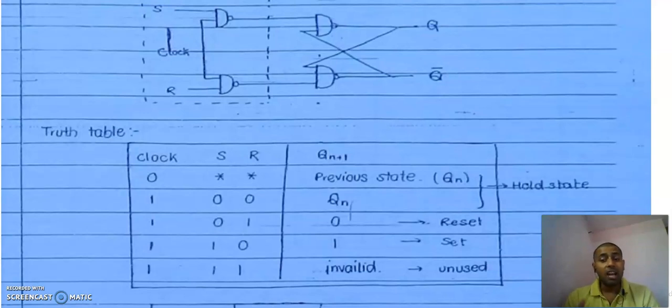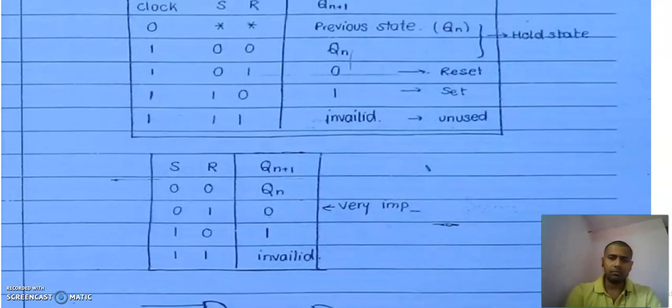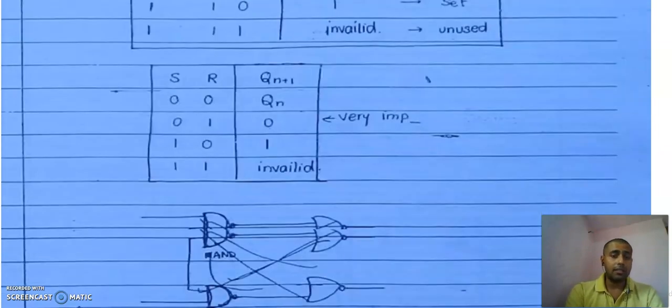We are getting the same output as the SR latch using the NOR gate, remember it. Now we have taken the truth table in a compromise manner: 0 0 gives Qn, 0 1 gives 0, that means resetting the value, 1 0 gives 1, and 1 1 gives the invalid state.